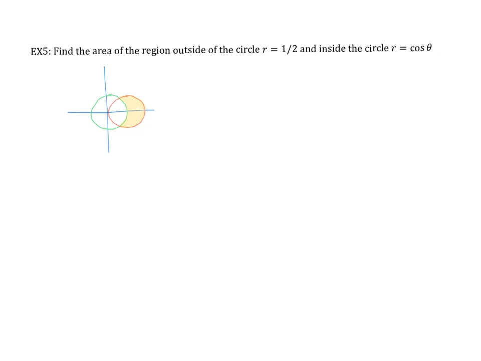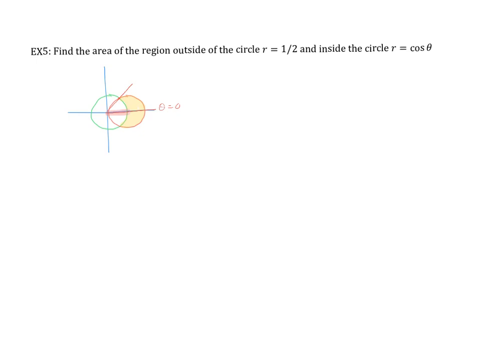So to find that area, again, I notice that there's a symmetry. So maybe I can just look at integrating from theta equal to 0 to whatever this point is here, and look at this theta value. I need to determine what that value is.